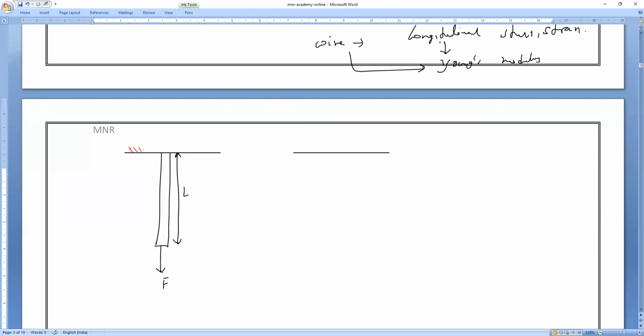Now this object is extended by some distance. Suppose I take the length of the rod as L, and the remaining extended part we are going to say is delta L. That is the extension from the initial position.